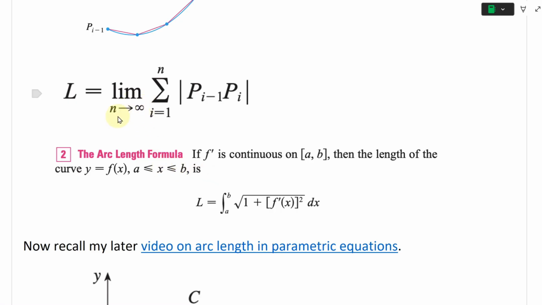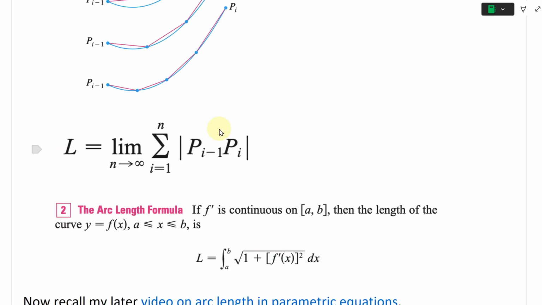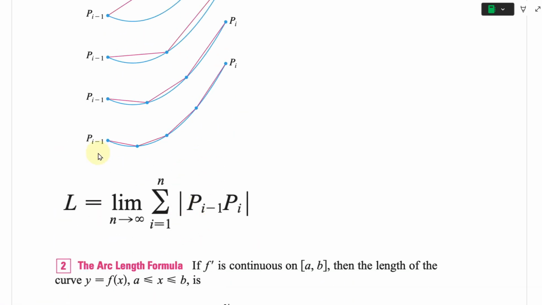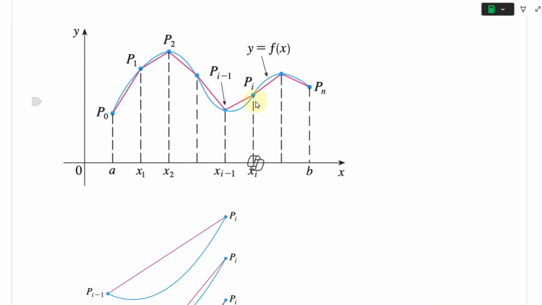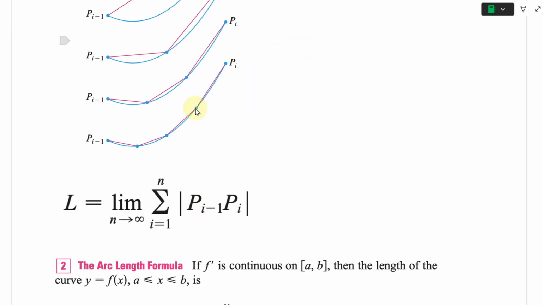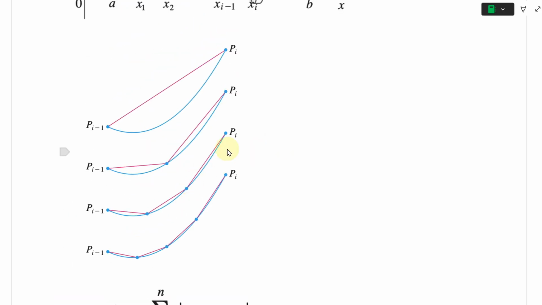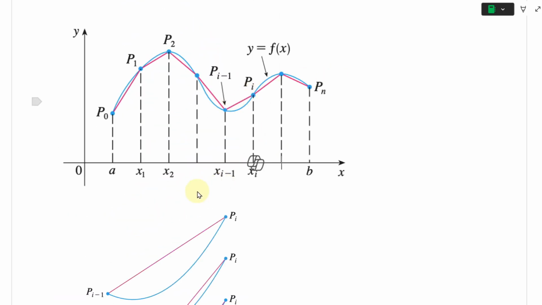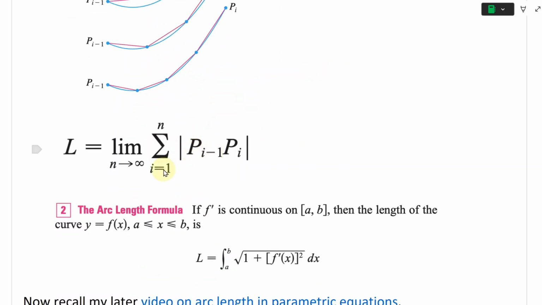So the limit as n approaches infinity of the summation from i equals 1 to n of, and then you just sum up all the distances, P(i-1) to P(i). And yeah, this one here, from this to here, this one is just zoomed in. Think of the way the calculus book was basically saying you can split these up even further. But anyways, that's the whole idea.